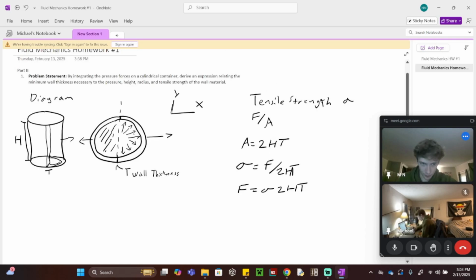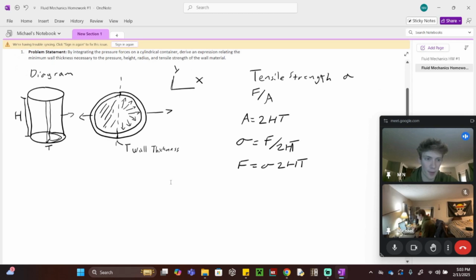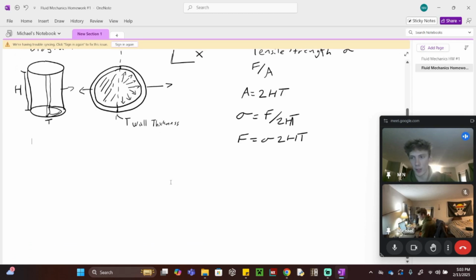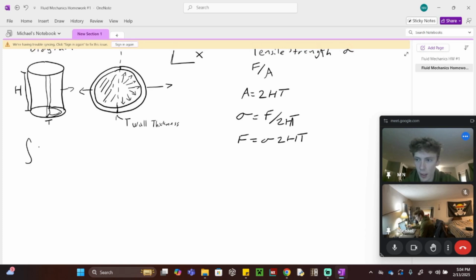Okay, so our next step is to look back at our cylindrical container diagram and find a way to add up the pressure forces acting in the x direction. And for this, we will use integration. So coming down here, we are looking at the integral of the forces in the x direction, and we're trying to add them all up. And we know these are a pressure times some area.